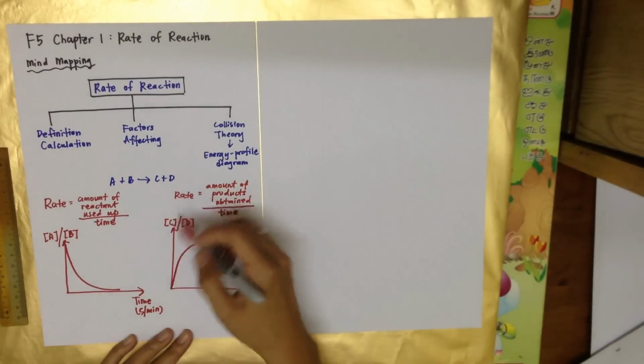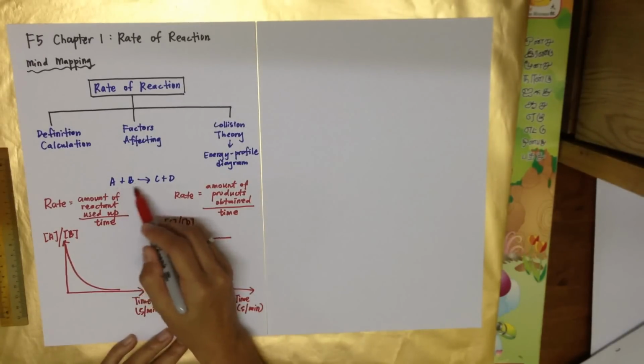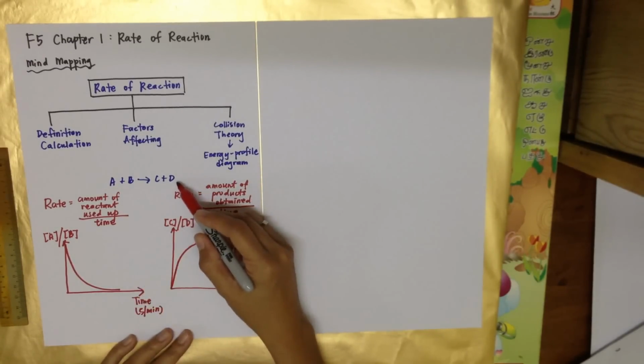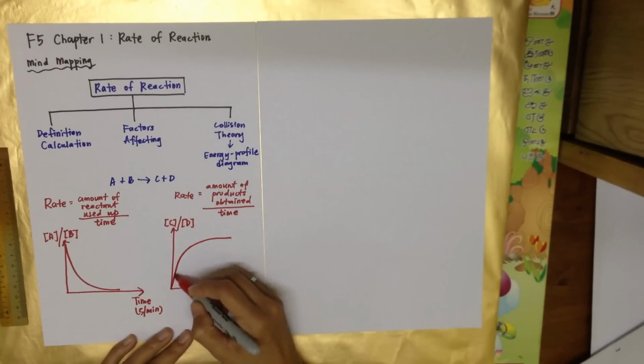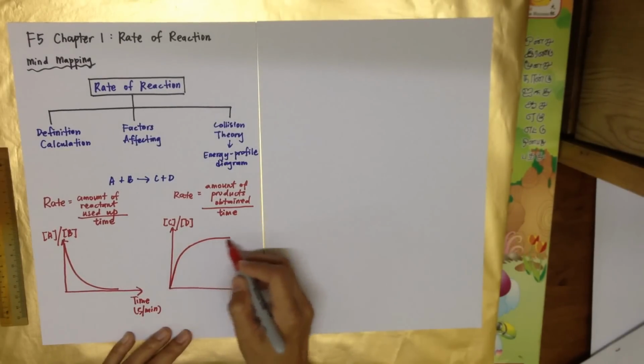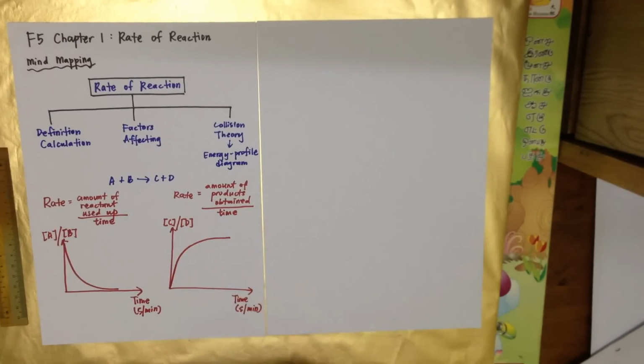Because the products will slowly be obtained when the reactant is being used up, the concentration or the amount of the product will always increase with time. And this is an increasing curvature showing that the concentration of product is increasing with time.